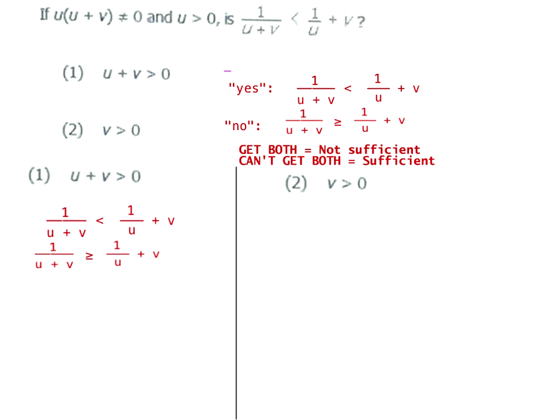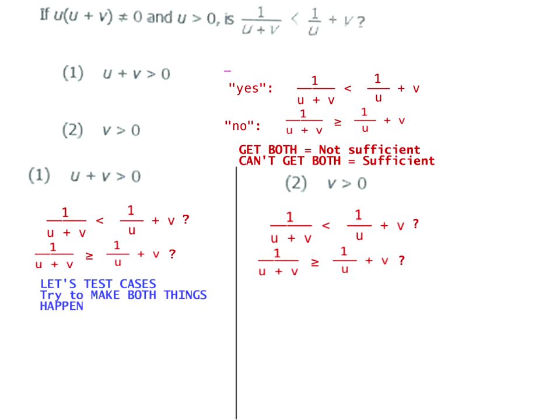I like to write both of those out with question marks after them, just so we are absolutely clear on what the goal is. If we can make both of those things happen, then we've got not sufficient. Okay, so let's talk about testing cases. And remember, your goal when you test cases is to try to make both of these things happen. Let's test cases.